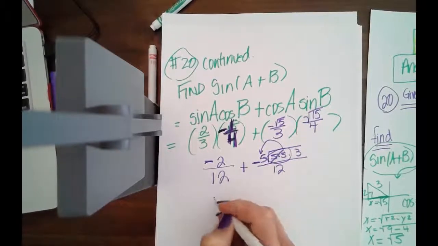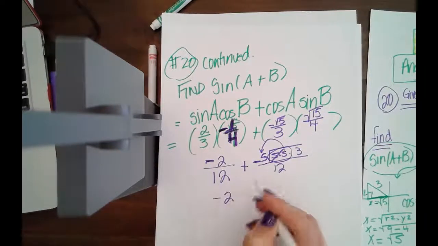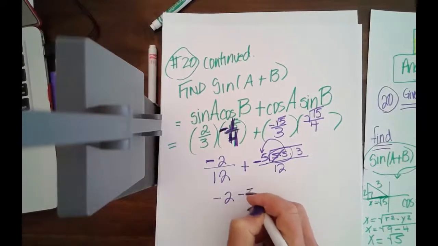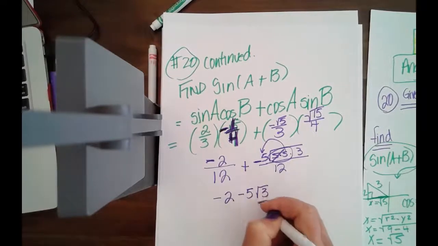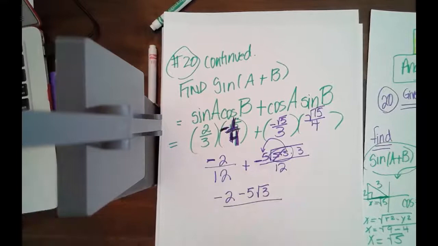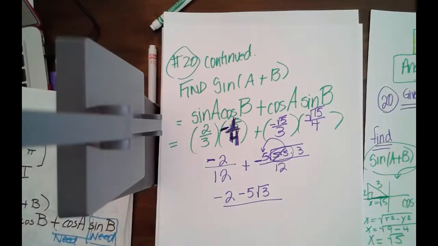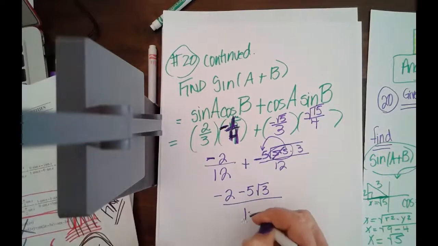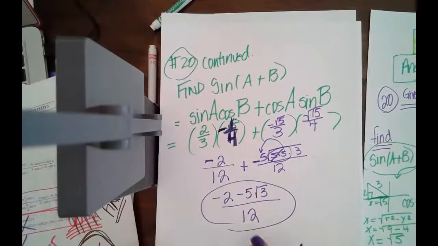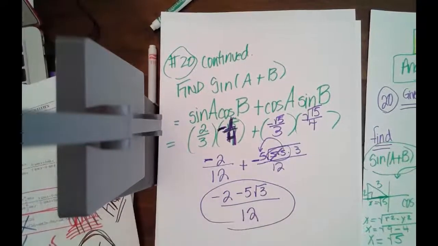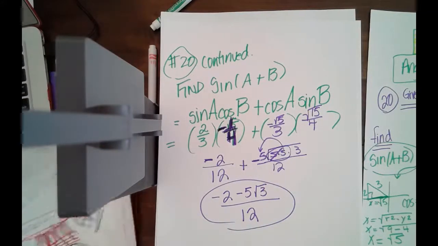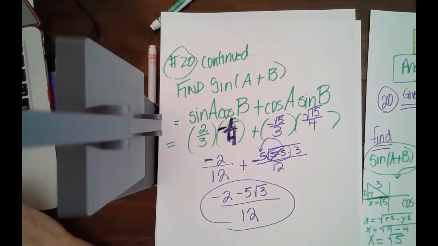So right now we're looking at negative 2 minus 5 radical 3 over 12. All right, there's nothing we can simplify there because none of these outer values will simplify with 12. I mean, 2 can, but they all have to be simplifiable with 12 for us to shrink that down. All right, be right back.